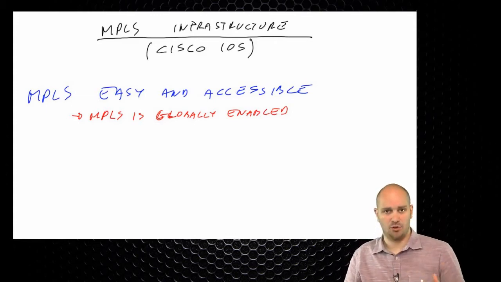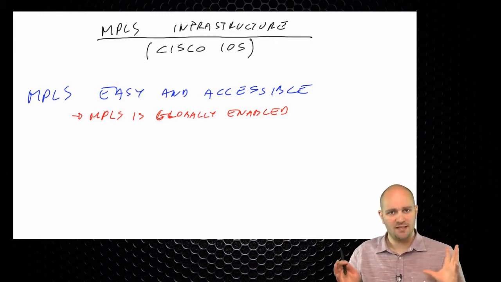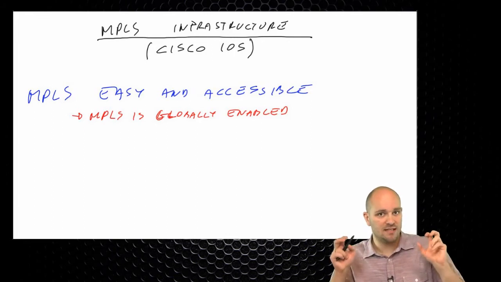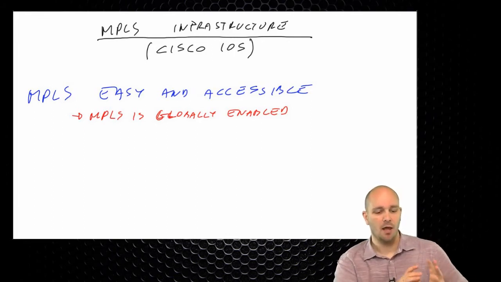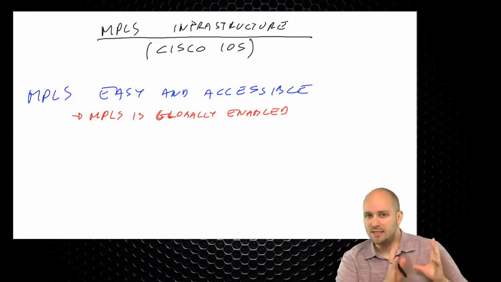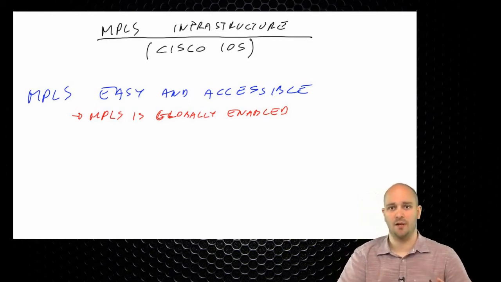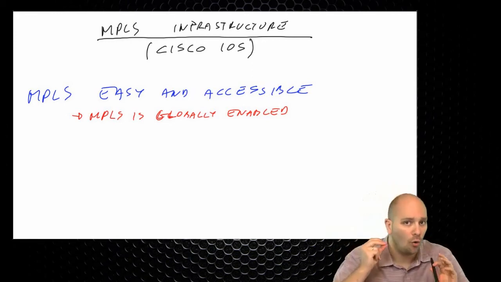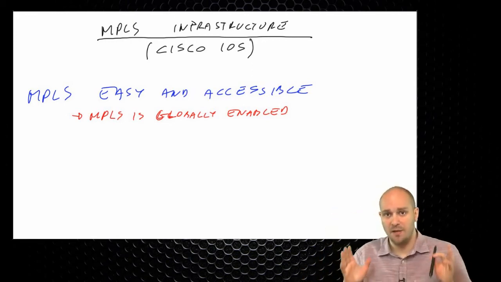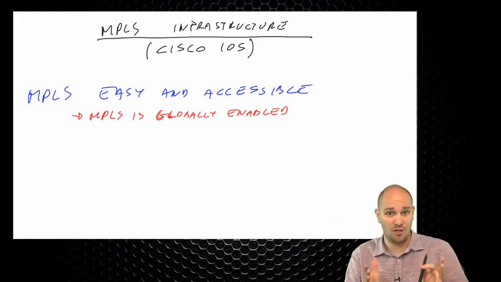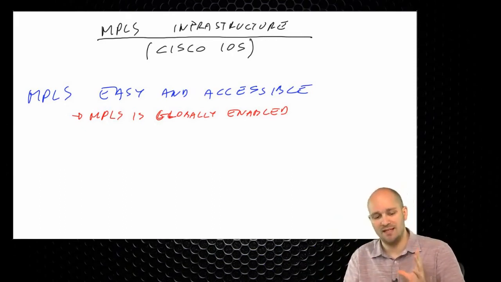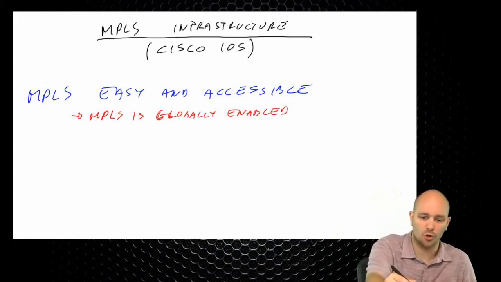Now, MPLS, or the label switching, is not enabled on any interfaces by default. What these things are, I will talk about in great detail, but all these things are actually in standby there. They're waiting to be turned on. And the moment you enable MPLS on one interface, a whole set of things happens behind the curtains without you actually having to do anything, because MPLS is right there, globally enabled and ready to go.